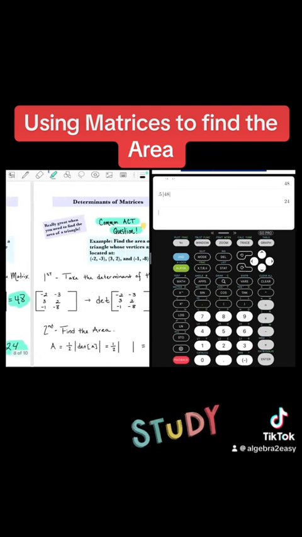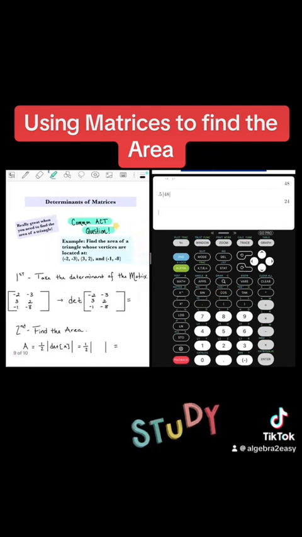Let's try another question. Same setup, okay? This time we just have different vertices. Remember, when you make the matrix, you're going to put in a column of 1s because you have to have that 3 by 3 matrix. We're going to go back into our calculator. This time we're going to set up another matrix. We're going to make this matrix B this time.